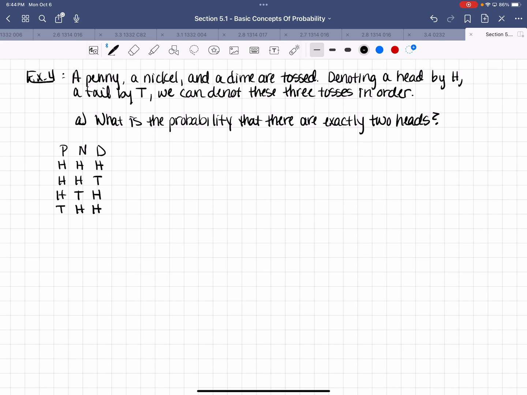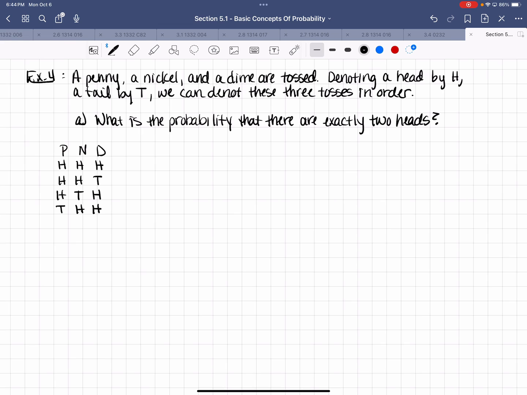Okay, now, so we could have, there's 4, but there's more, right? Because all I've listed is if that penny is coming up heads. Look, penny came up heads every time there. I changed nickel and dime, but penny was always head. And here's how I keep track of it in my head.